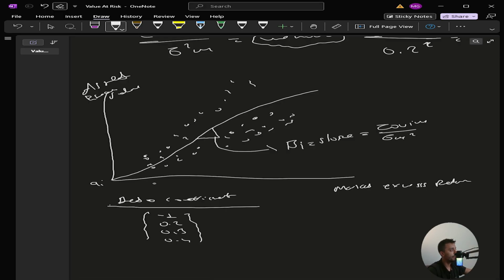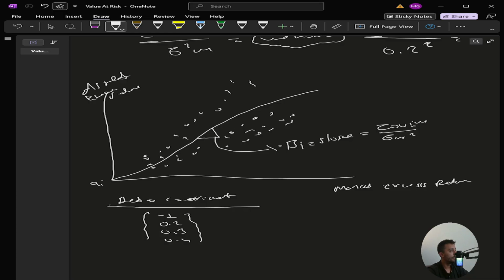Estimating beta with regression will represent the excess return of asset i as a dependent variable and the excess return on the market index as the independent variable. The least squares regression line minimizes the sum of squared differences of the points from the line. This is what is meant by the line of best fit.